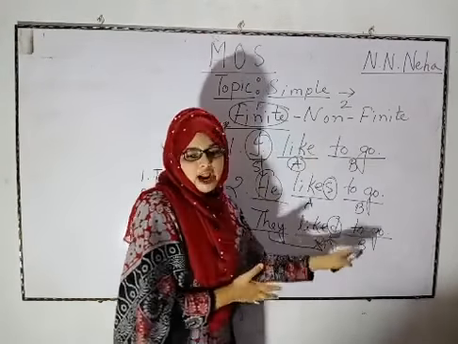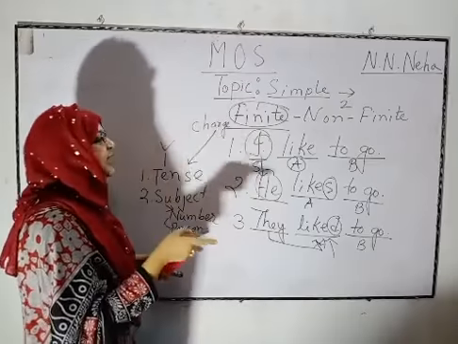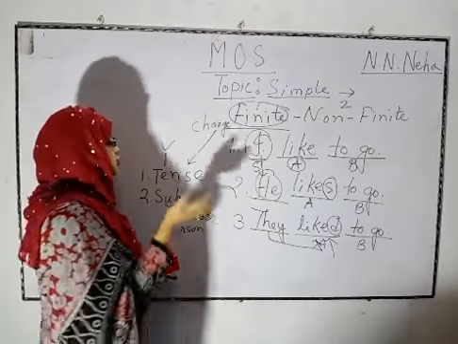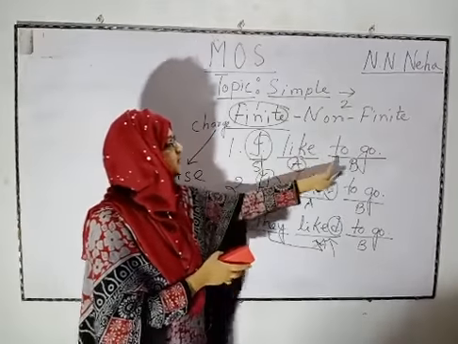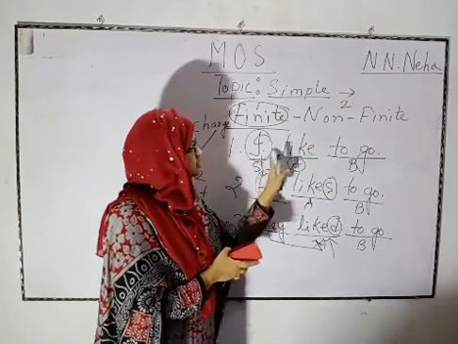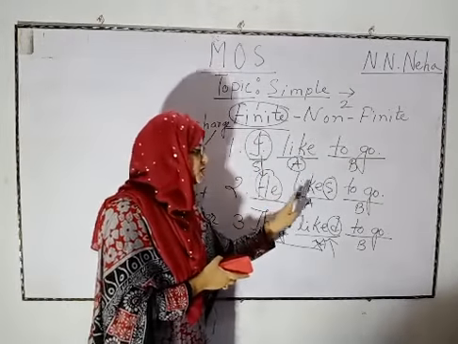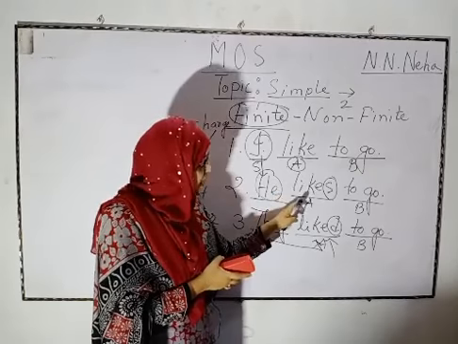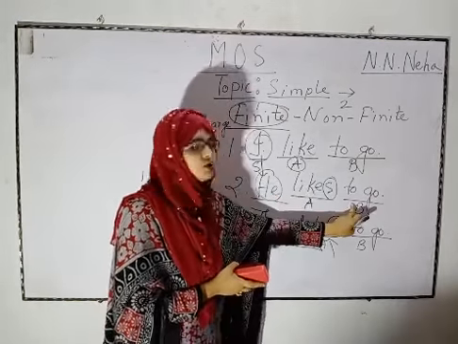Now non-finite things. Then what will happen to non-finite? Non-finite will not change regarding tense, neither for subject. Just like this. If you see, I to go, that means I is here, to go is there. He likes, he is changing likes, the next verb sitting just after the subject, but this is not.